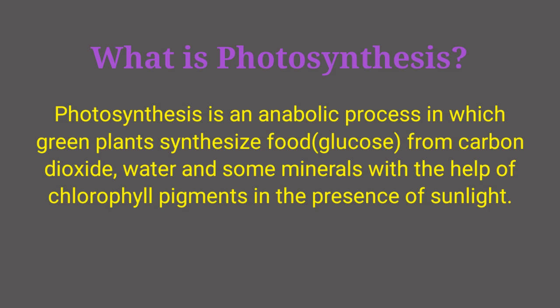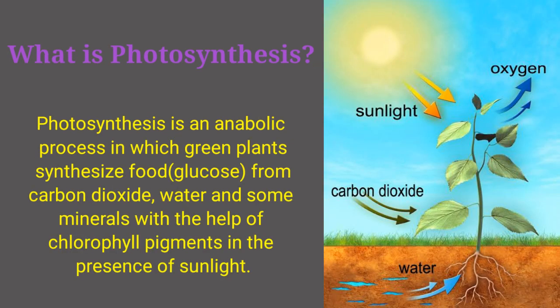from carbon dioxide, water, and some minerals with the help of chlorophyll pigment in the presence of sunlight. So this is a simple process that is seen in the case of green plants, where the plants can make a chemical substance which is called glucose, and this glucose is known as food for every possible living organism.